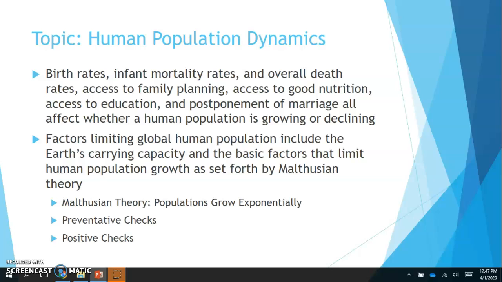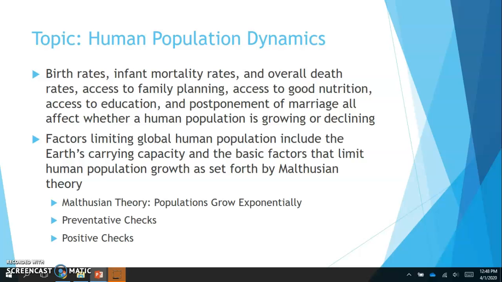Preventative checks would be things that humans take to prevent an overpopulation growth. So things like one-child laws or two-child laws, or women taking control of their health care and waiting longer to have kids and having higher access to education. Those are preventative checks, things to prevent population from growing out of hand.